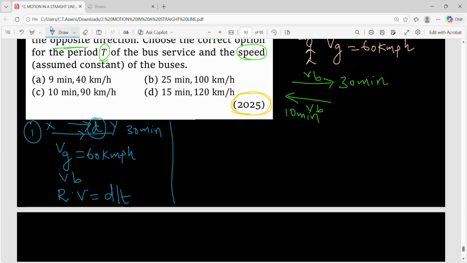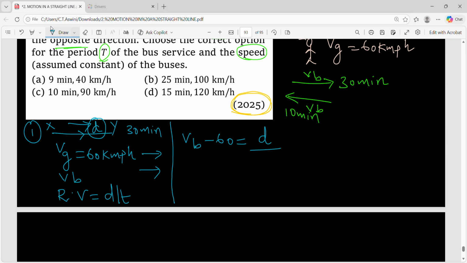Relative velocity is equal to distance upon time. What is the relative velocity here? The bus is in the same direction, the girl is also in the same direction, so it will be the difference, right? So Vb minus 60. Why not 60 minus Vb? Because the bus is crossing the girl, that means the bus speed is more. So Vb minus 60 is equal to the distance, let this be d kilometers.